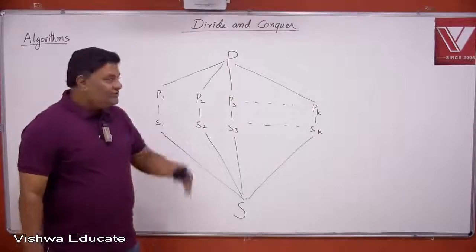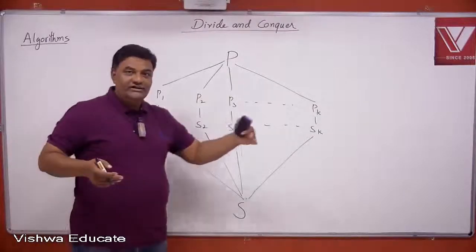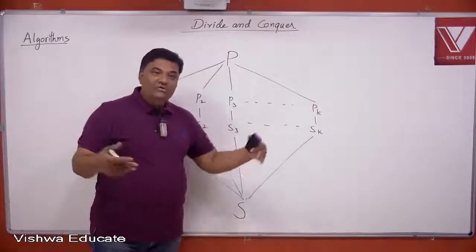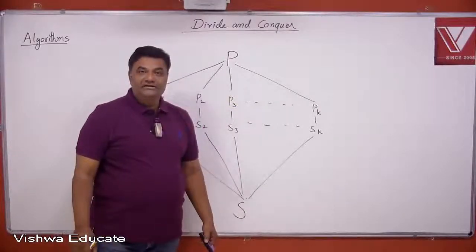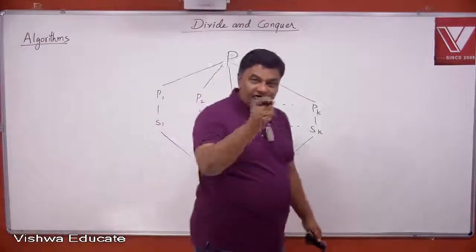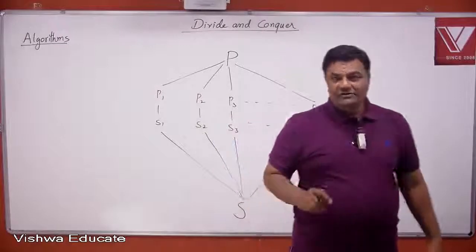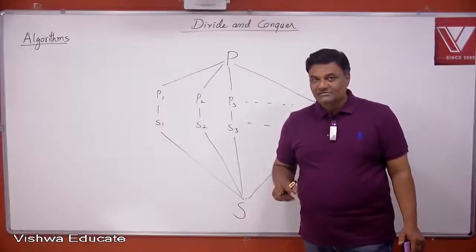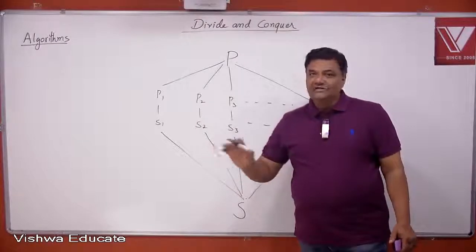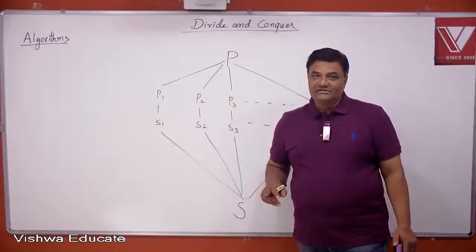So here you should be able to know how to divide it and solve it, and also how to combine it. If this can be done on a problem, then you can follow the divide and conquer strategy for solving it.